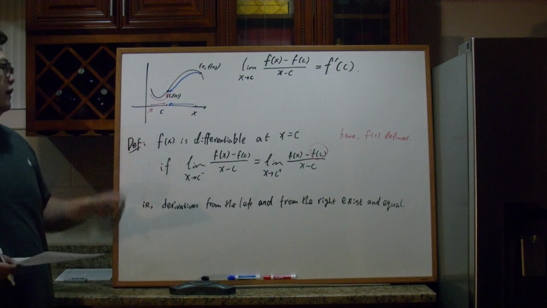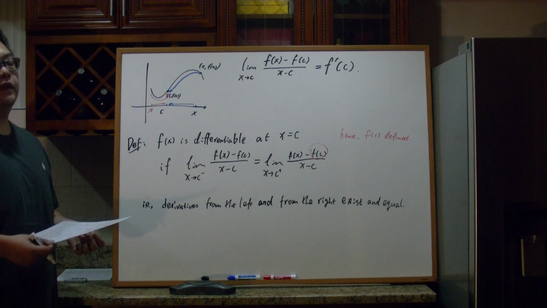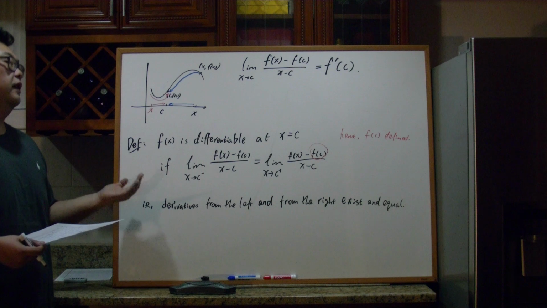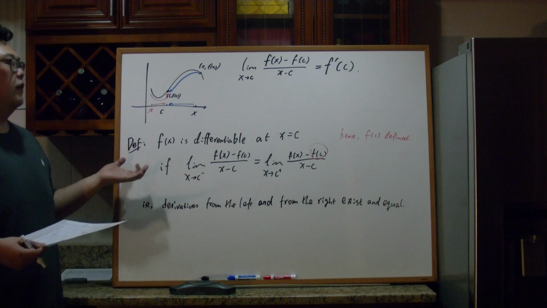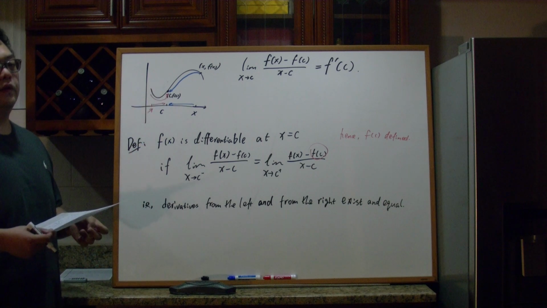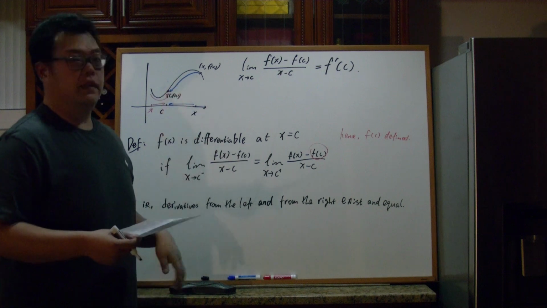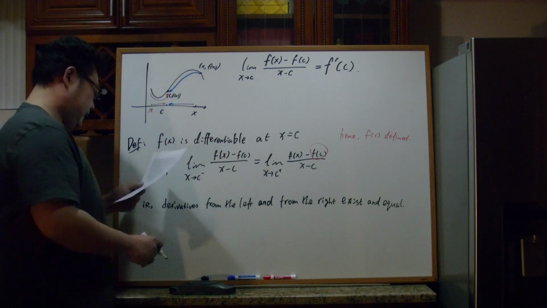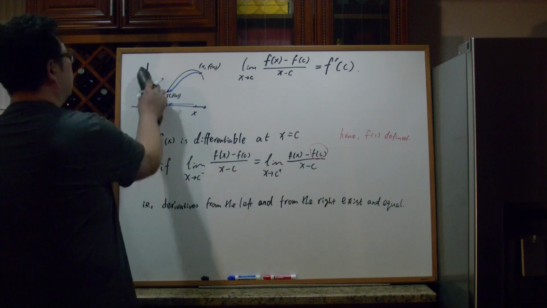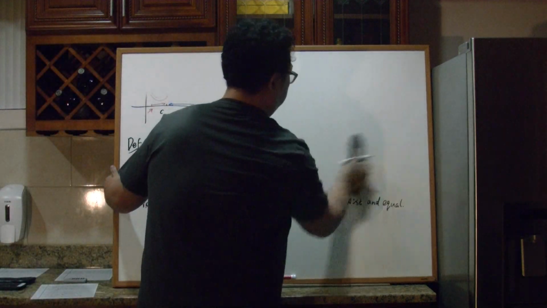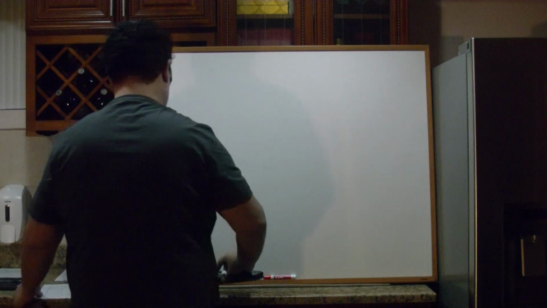Then we say the function is differentiable. In some cases, the limits do not exist. In some cases, both of them exist, but they are not equal. Then we say the function is not differentiable. If the limits exist and are equal, then the derivative exists. Okay, so use the definition to show something.